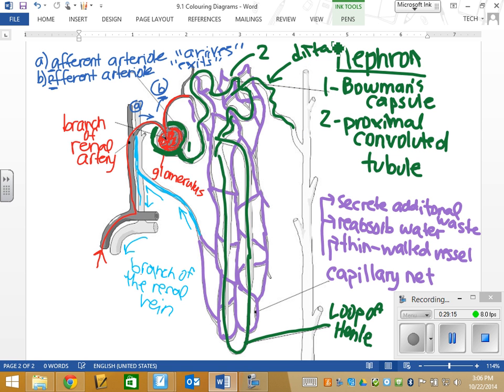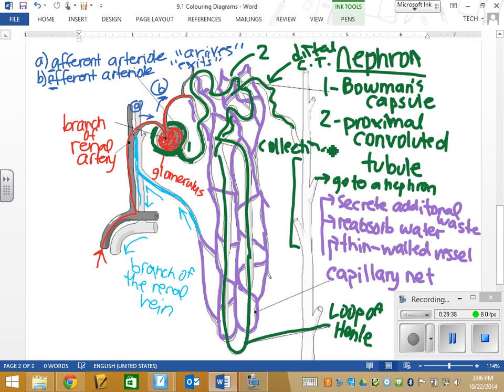That is the distal convoluted tubule. And then finally you get this sort of branch-looking thing that has a bunch of stems on it. Each of these would go to a nephron. And this structure is called the collecting duct.